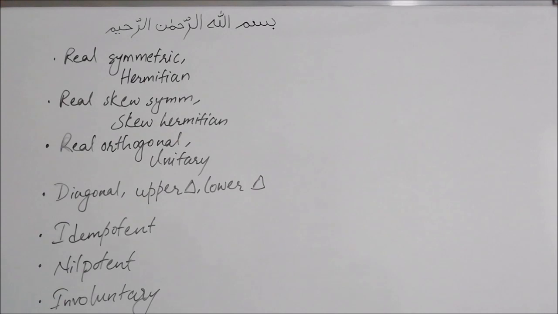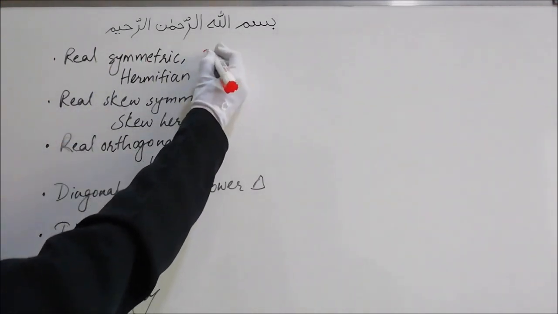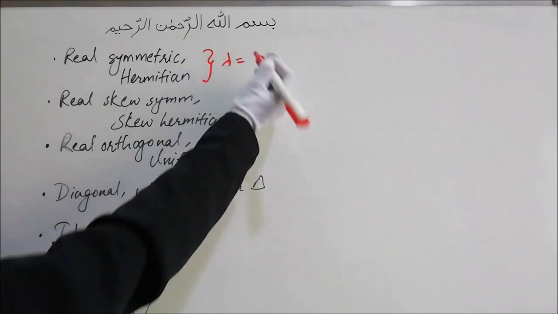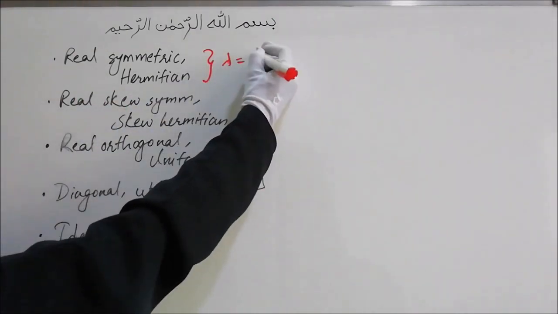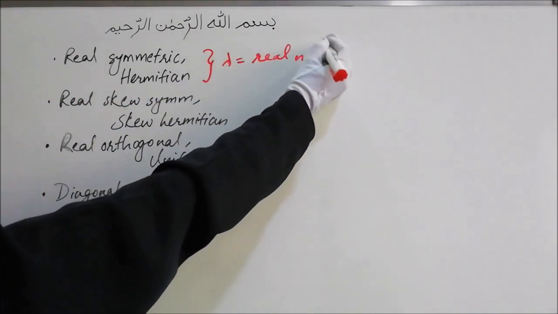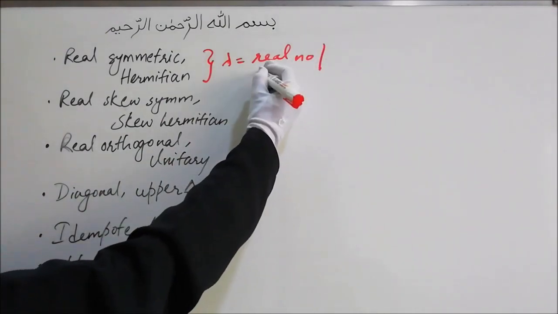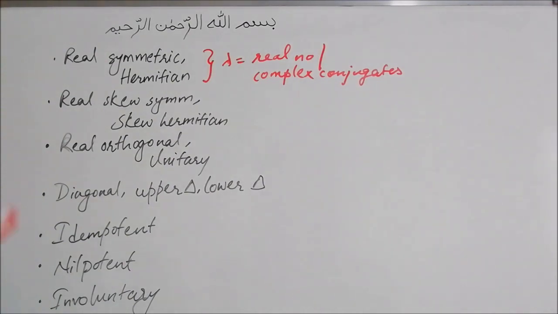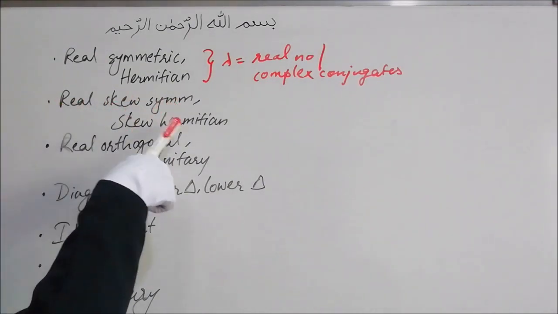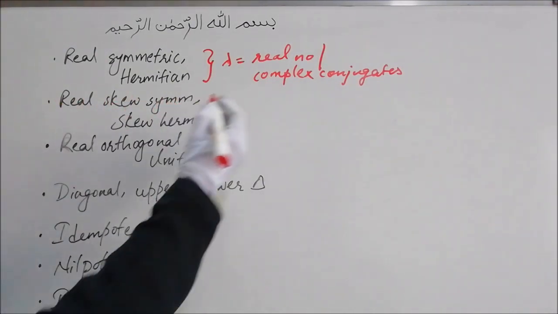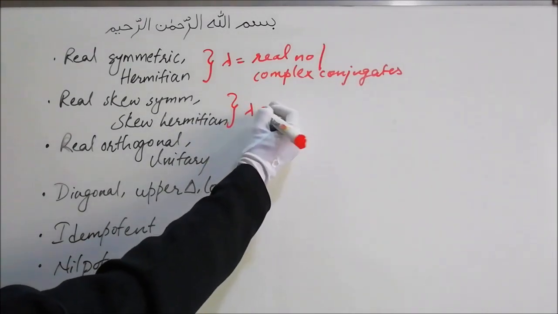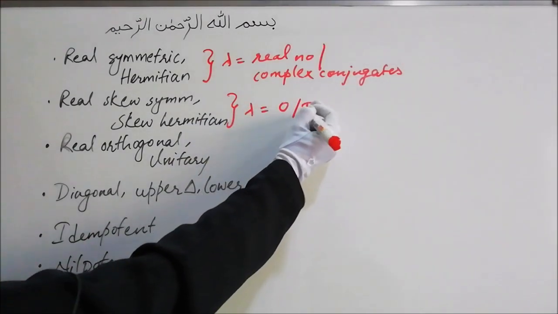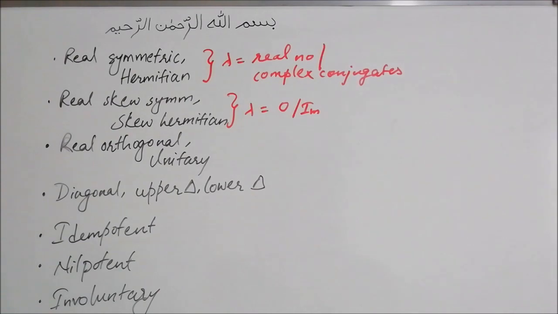Now if we have a real symmetric or Hermitian matrix, then its eigenvalues, that is lambda, will be real numbers. For a real skew-symmetric or skew-Hermitian matrix, the eigenvalues will be either 0 or purely imaginary quantities.